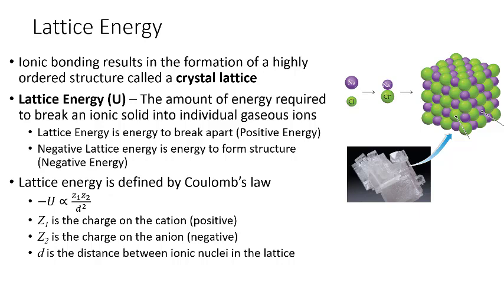So what we're saying is the lattice energy is proportional to this equation here, where we have Z1 and Z2, which are the overall charges on the respective cation and anion, over d squared, where d is the distance between the ionic nuclei in the lattice. So that's the physical distance between our sodium and chloride ions in the crystal lattice.